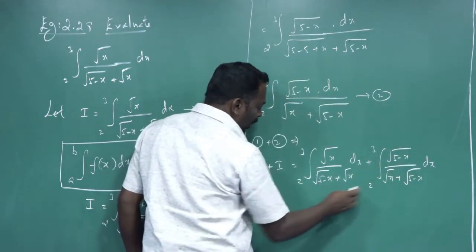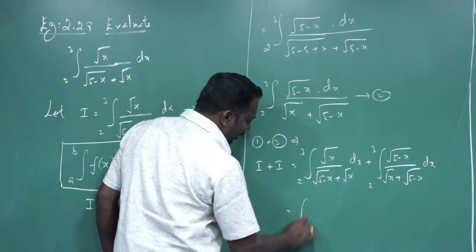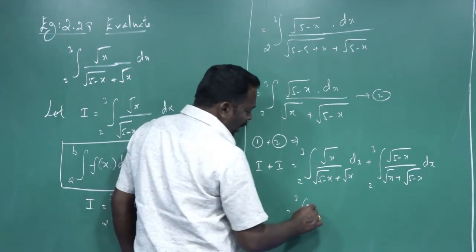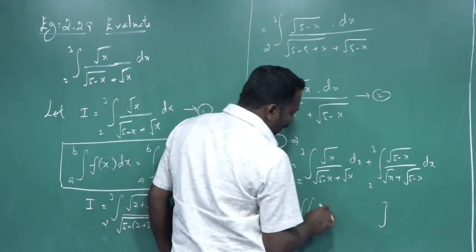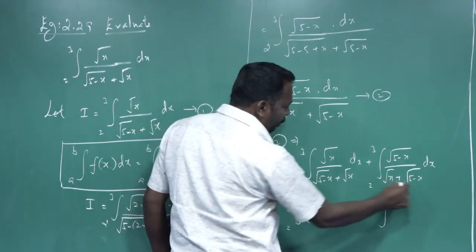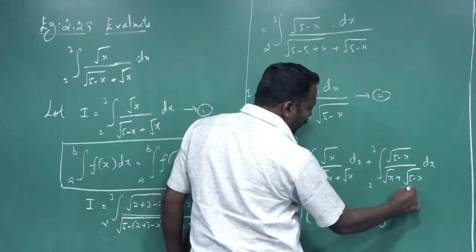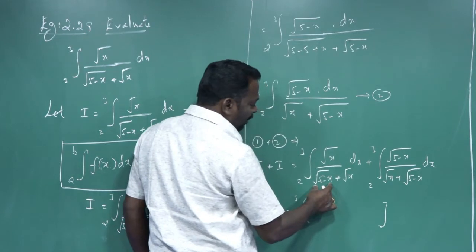Comparing the two terms, the integration limits 2 to 3 are the same, and taking the common denominator, both are the square root of x plus the square root of 5 minus x, both are the same.